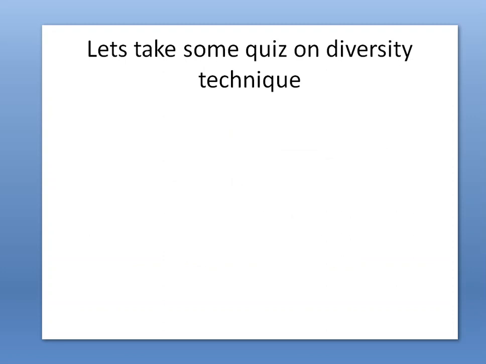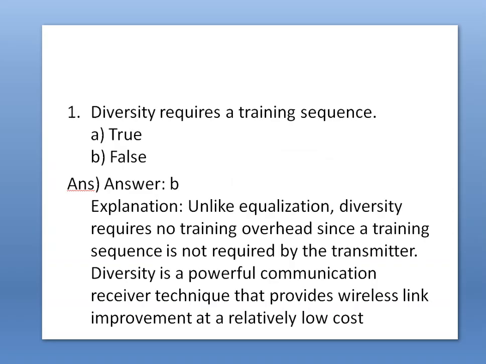Now let us take some quiz on diversity techniques. Okay, so move to bit number 1. Diversity requires a training sequence. Option A is true and option B is false. Yes, option B is false. Explanation: unlike equalization, diversity requires no training overhead sequence.